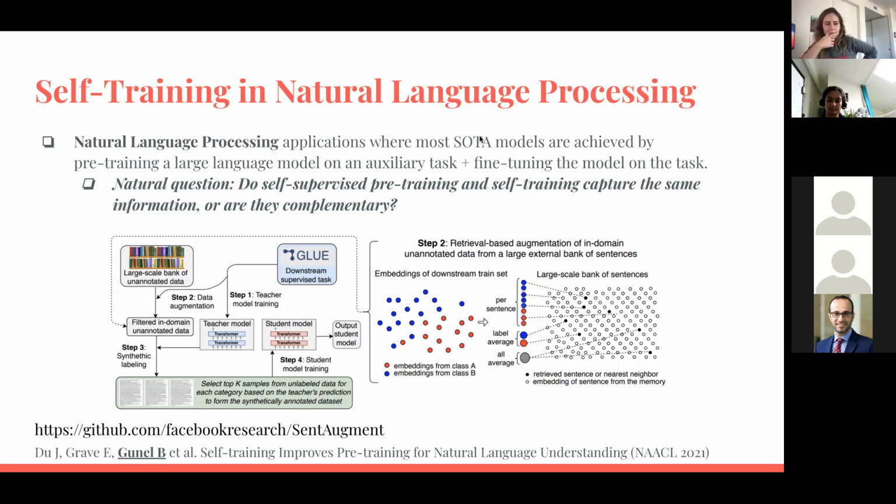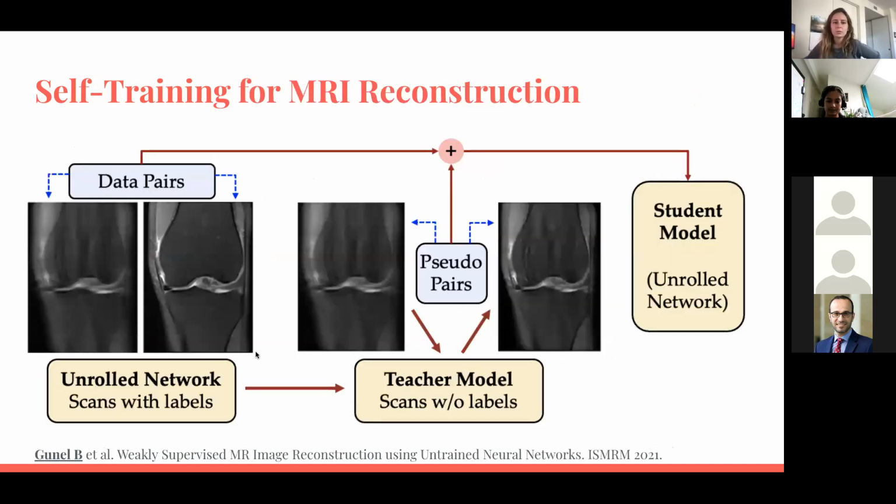I put the link, it's an open source implementation, but the takeaway is that the answer was yes, you could do that. It also gave pretty impressive results especially for few-shot learning when you don't have much data, knowledge distillation, and also in classical NLP classification benchmarks. Okay, so back to MR reconstruction.